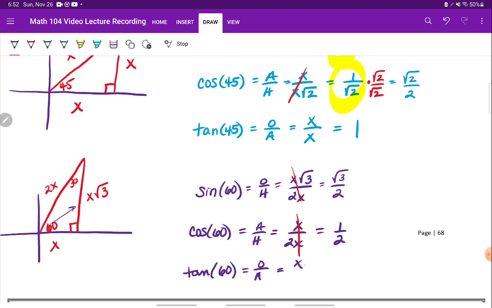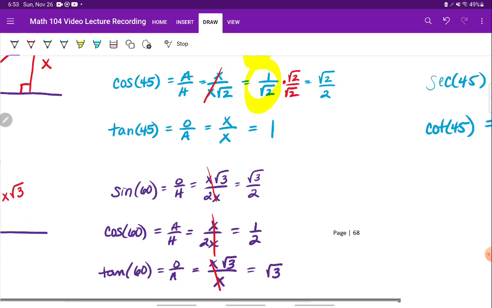So that'll be x times the square root of 3 over x. Our x's cancel out again, and we're left with the square root of 3. I find it so amazing that we get these actual exact numbers based off of general ratios. Math is so amazing.